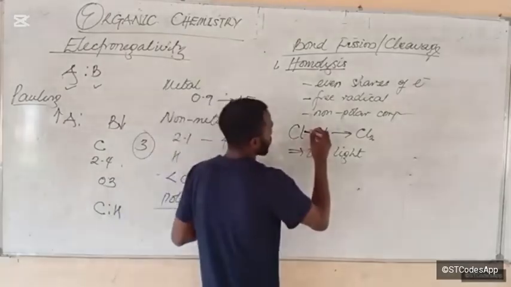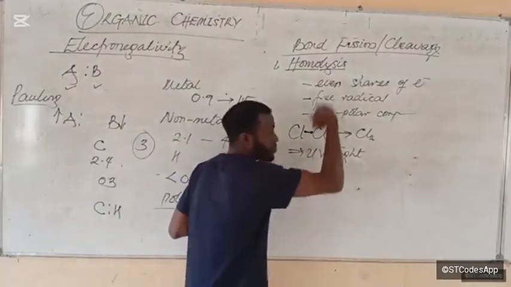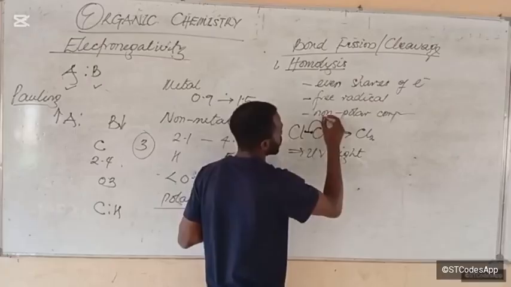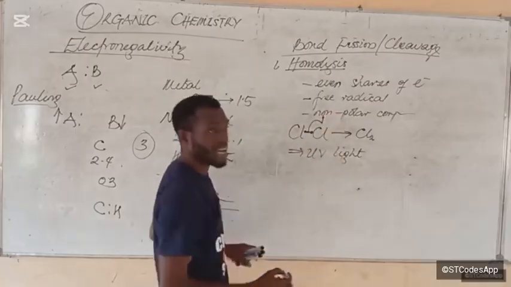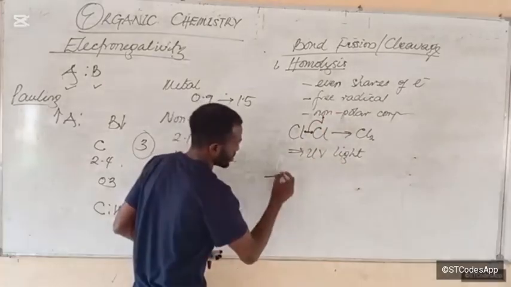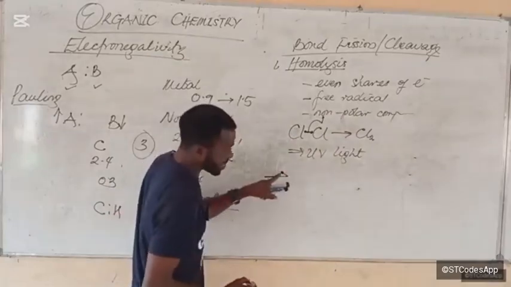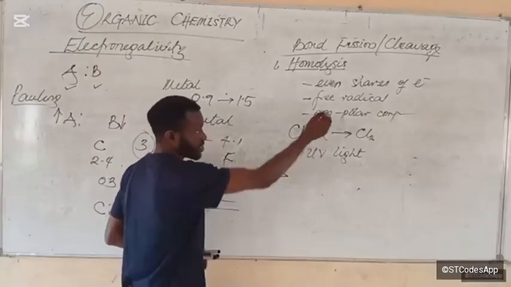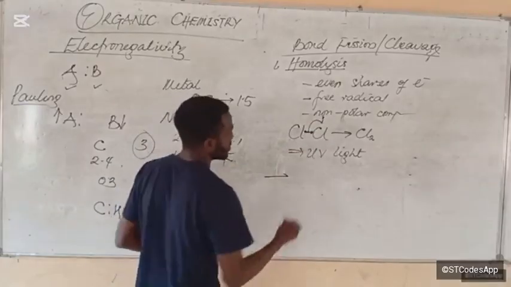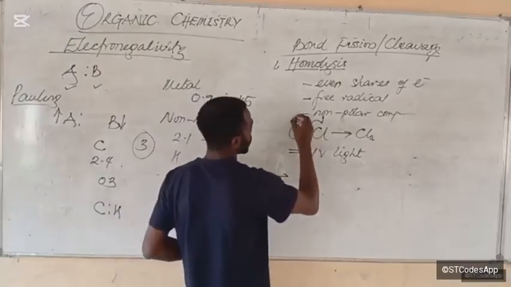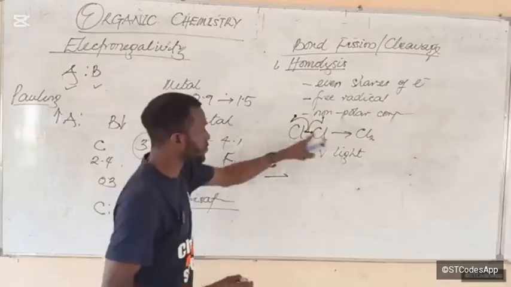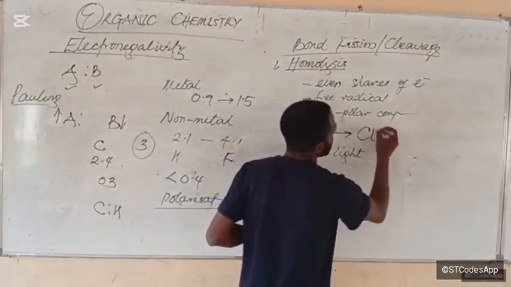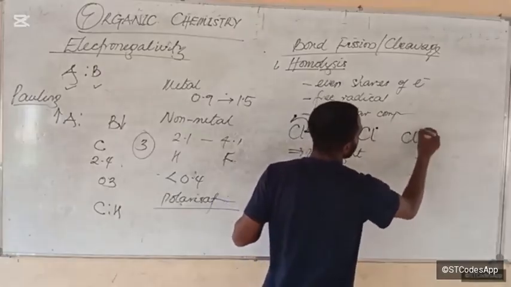Once this bond breaks, this atom is going to get one of the electrons. We represent it with what is called a half arrowhead, like this. This arrowhead is carrying 1 electron. Then the other atom will also get 1 electron. So each of them gets one electron, and by the end of the day we have a free radical.